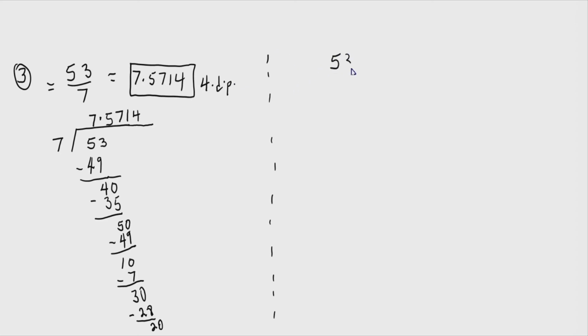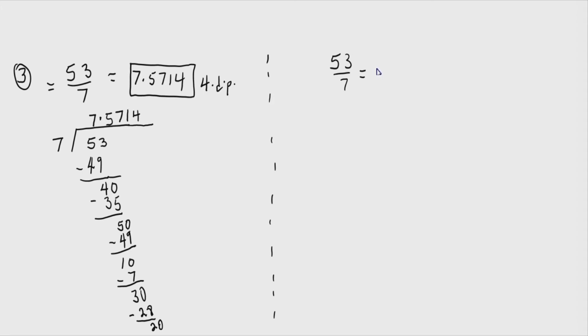And you can just go ahead and do it straight. This is my preference. So 7 and 53 is, we said, 7 times 7 is 49. Pardon me. So 7 times 7 is 49.